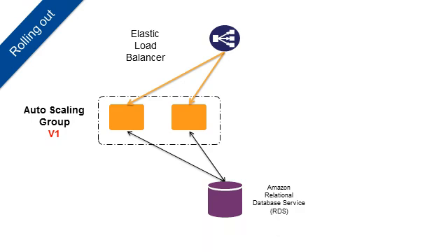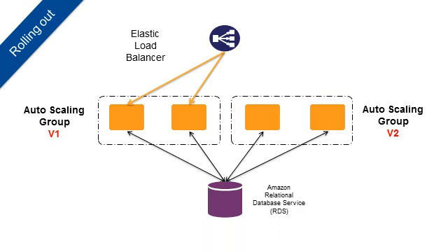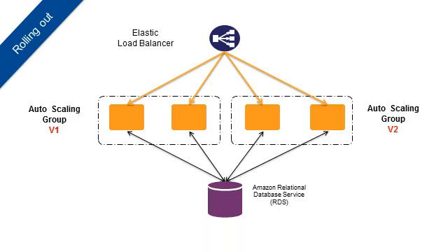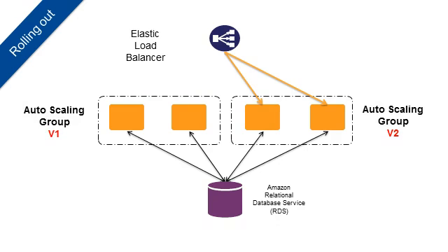But with AWS, it's perfectly possible at the point of deployment to create an entirely new auto-scaling group which has new versions of your application code installed on it, and you can see that notated here with that V2 notification, and then to add that to your ELB and to perform a controlled cutover between those two environments, phasing out traffic to auto-scaling group V1 and delivering your customers a new application experience at that point.